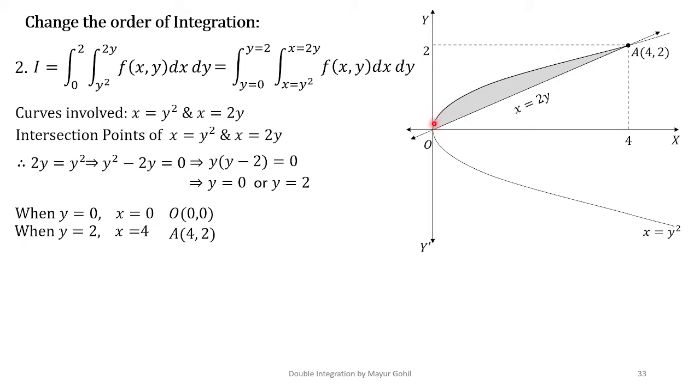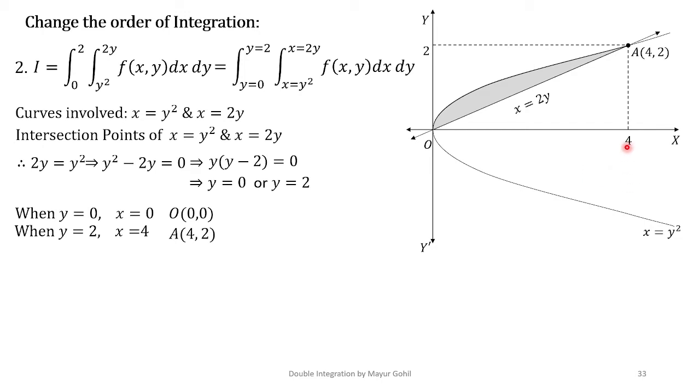You see here the projection of this region, the shadow of this region on the y-axis is 0 to 2, and if I draw a horizontal line, obviously it's going to enter first in the parabola and it is going to exit at the straight line. So I am able to shade this region as given to me. Okay, so from the given integral, this much information you should be able to derive. This is the skill that is required in order to understand the double integration theory and apply it while solving the problem.